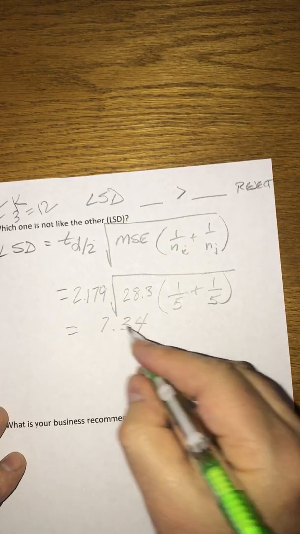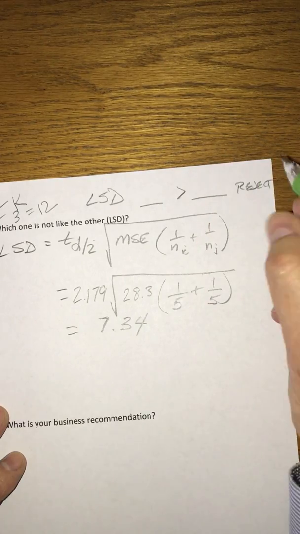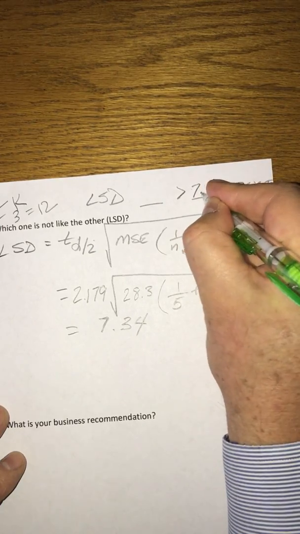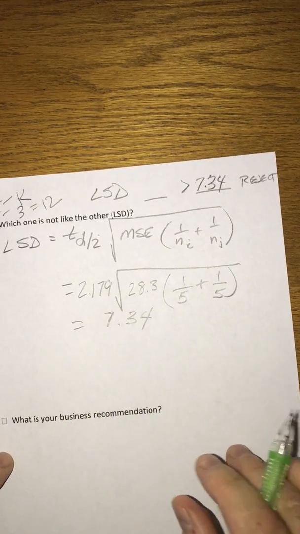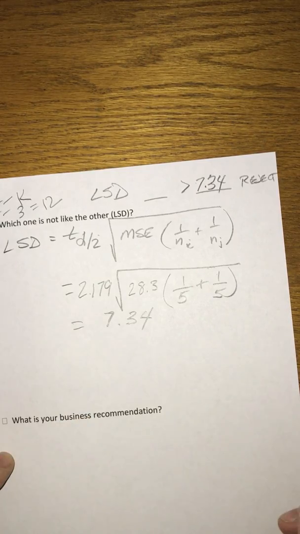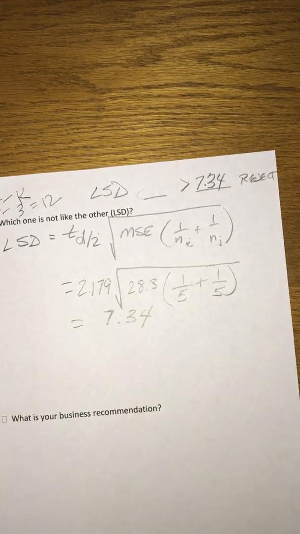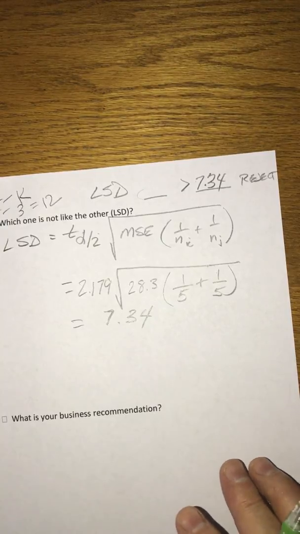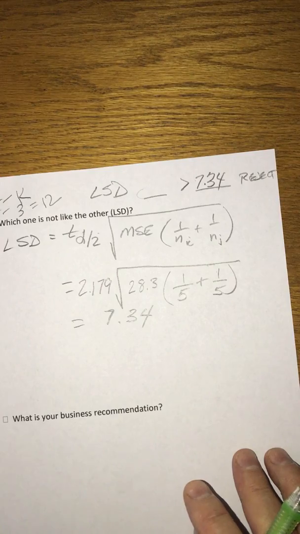So now what this says is if the difference between the two means, as we compare each of these matchings, and again we'll talk about that in a couple seconds here, is greater than 7.34, you will reject that individual matching, and you would claim that they are not the same.